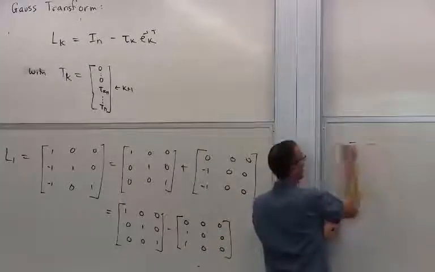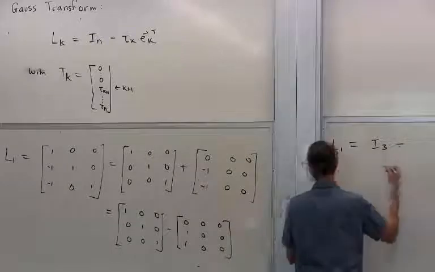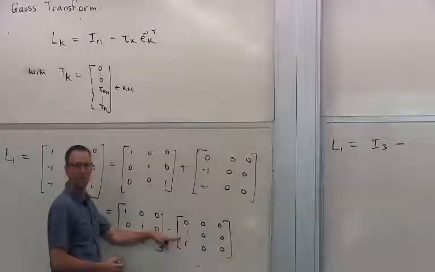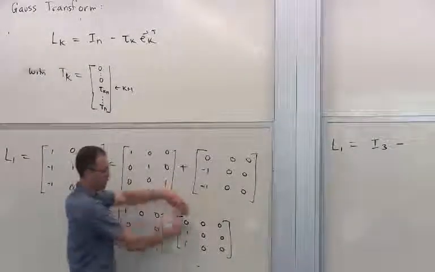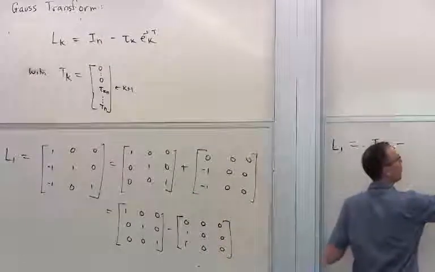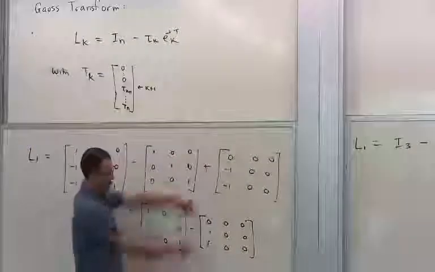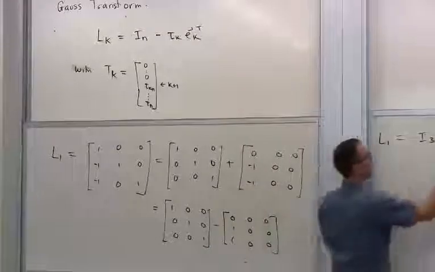So this thing is now L1 is I_3 minus, what's this outer product? What column is it in? It's in the first column. And then what vector is in that column? Yep.